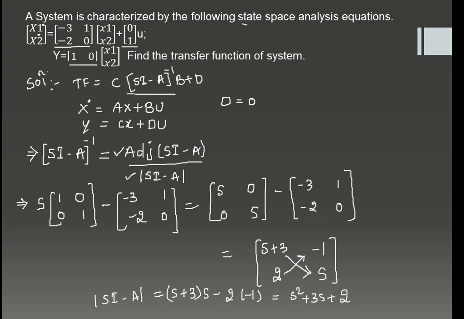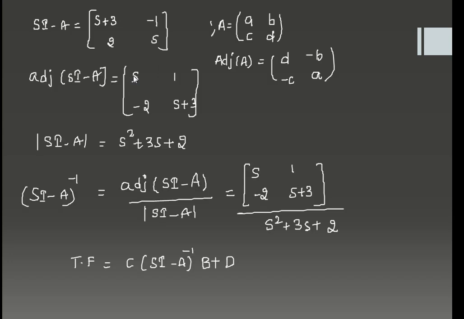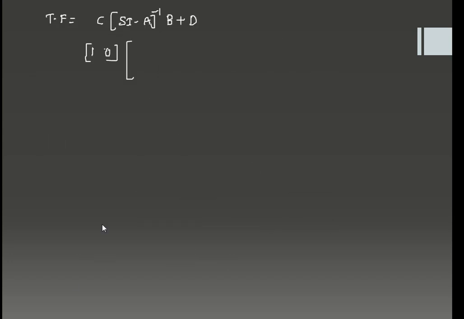So the transfer function equals C into (SI minus A) inverse B plus D. C is [1 0] and the (SI minus A) inverse value is [S 1; minus 2, S plus 3].